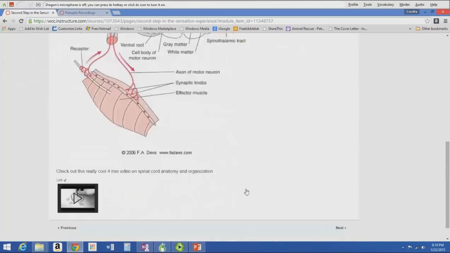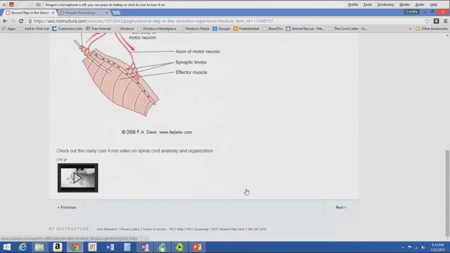Okay, so there is a video that, most of the videos I say they're optional to watch. I think this 4-minute video on spinal cord anatomy and organization is a really good one to sort of get the organization of the spinal cord and how the different tracts run in those different areas of the spinal cord.